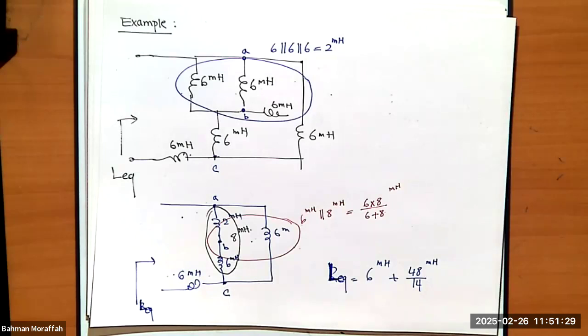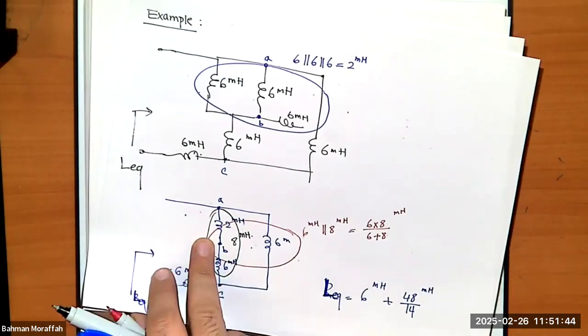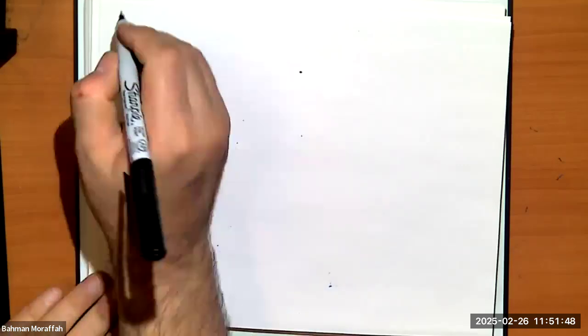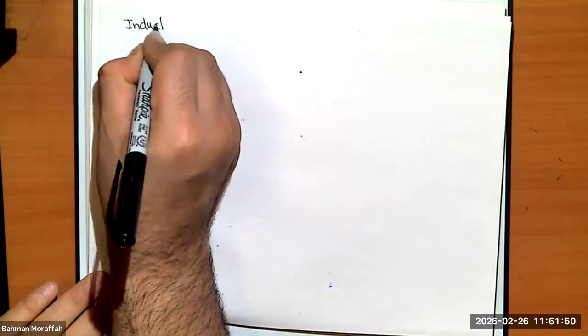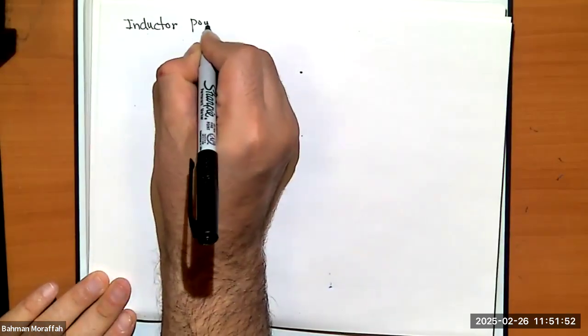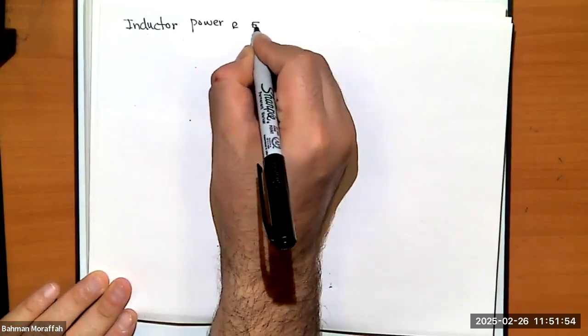So just like capacitors, this element is also a storage element, right? So we got to be able to find the power and the energy that this element can store. So let's do that. Let's find inductor power and energy.